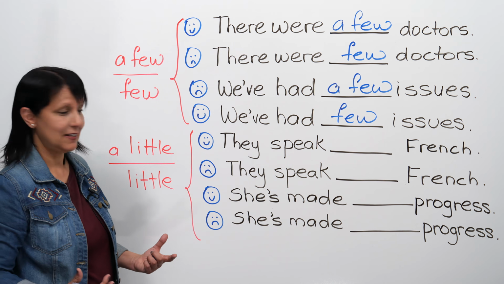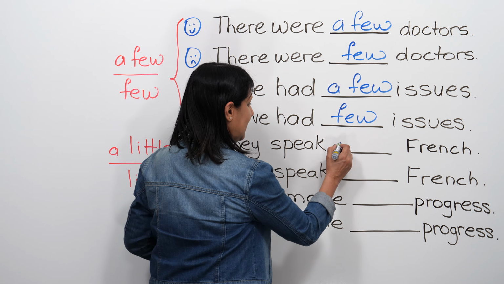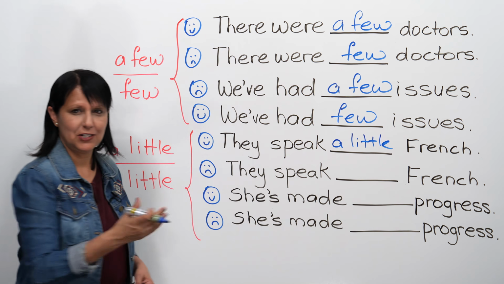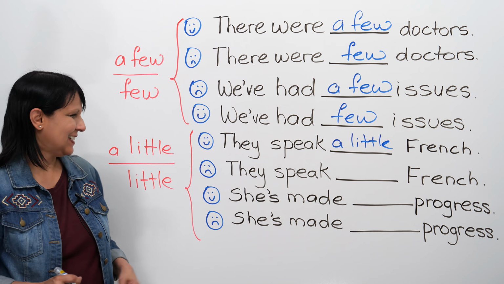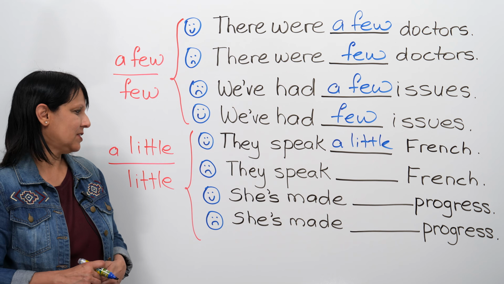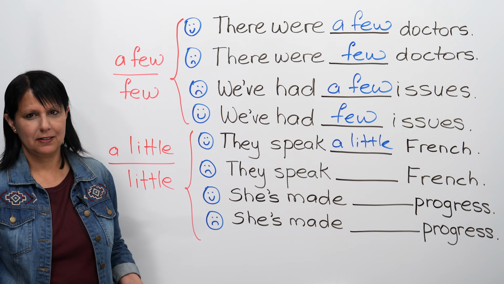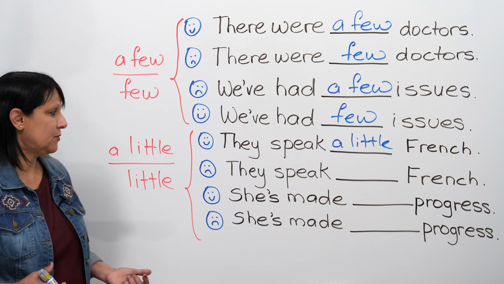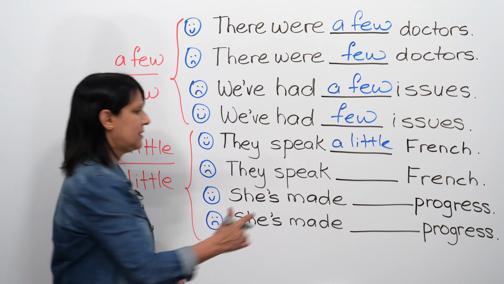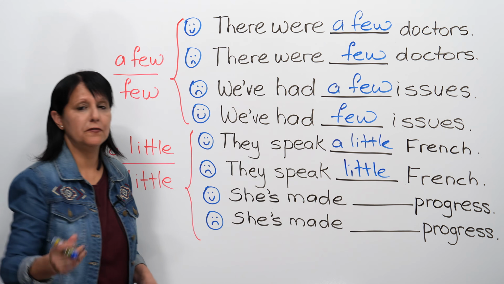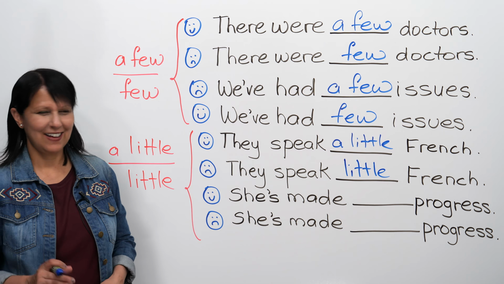So you say, fortunately, they speak a little French. Good. But then the other side, you could say, unfortunately, they don't speak enough French. So how do we say that? Unfortunately, they speak little French. Okay? All right.